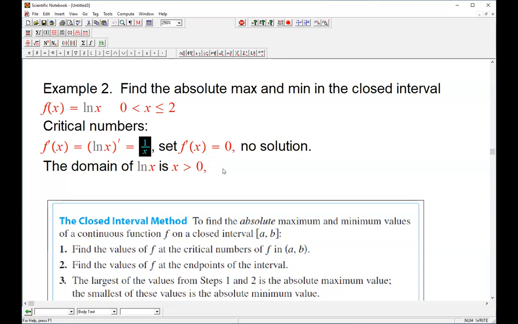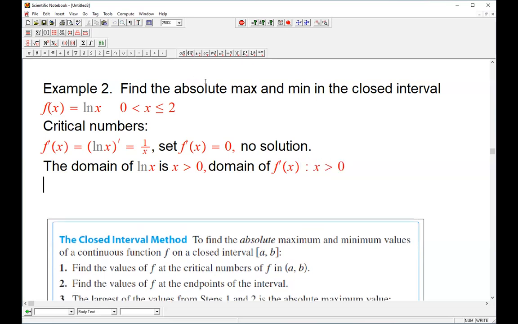After we find the derivative, 1 over x, the domain of the derivative is also x greater than 0. We have no critical values, no critical numbers.